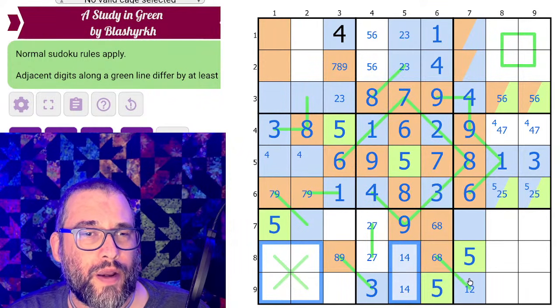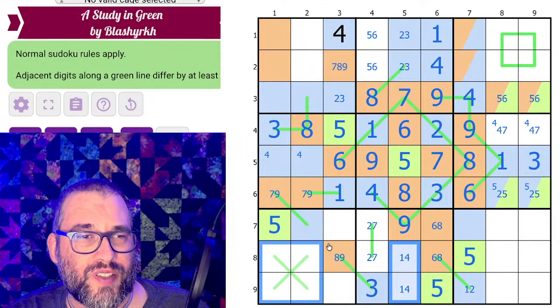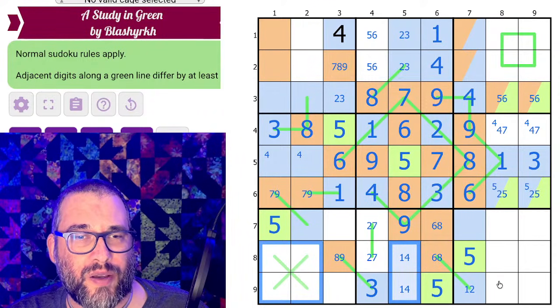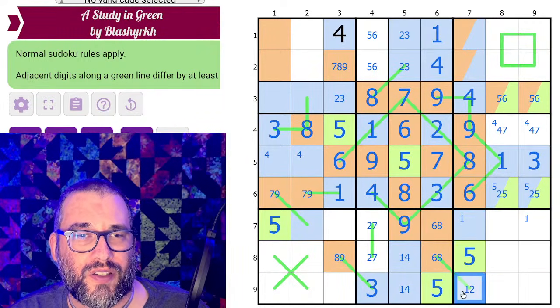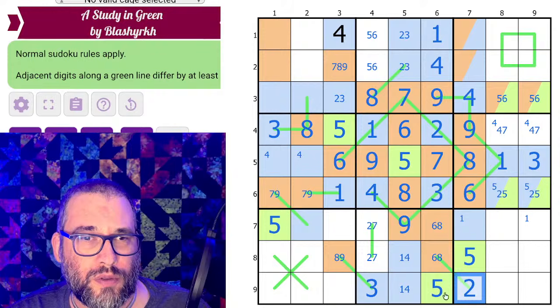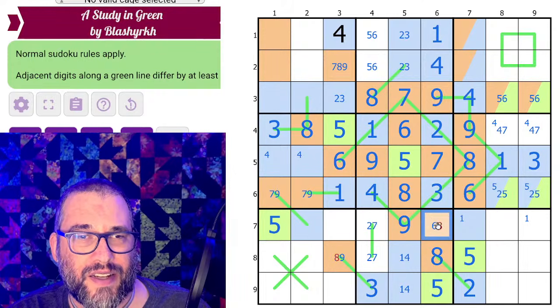Where is 1 in row 7? Not in box 7, not in box 8. So 1 is up here in box 9. So that's a 2, which means that's an 8.